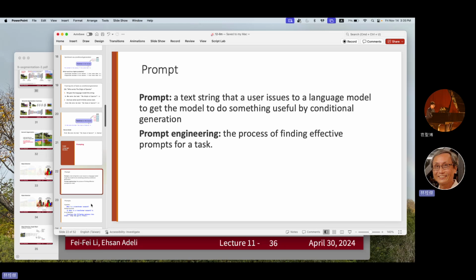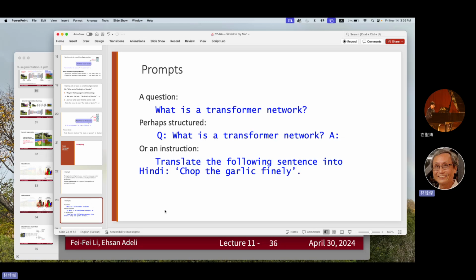By using different input, you will be letting the large language model use the knowledge inside of the system to go through different paths in the network, and then you will eventually come up with a different score.